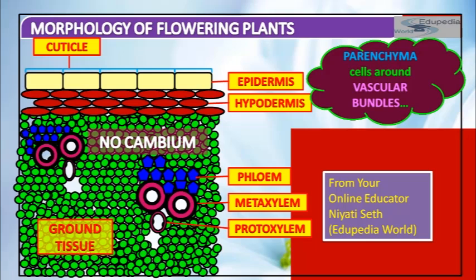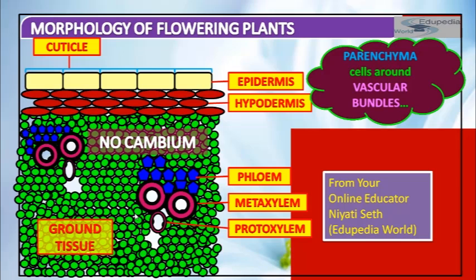As you can see, this vascular bundle is present at the periphery, so it is smaller in size, while this one is almost near the center, so it is larger in size, students.